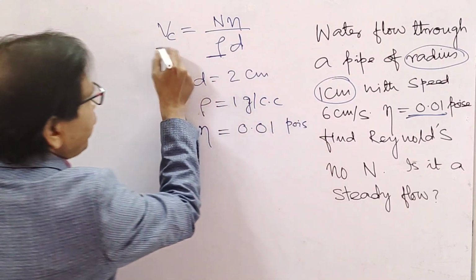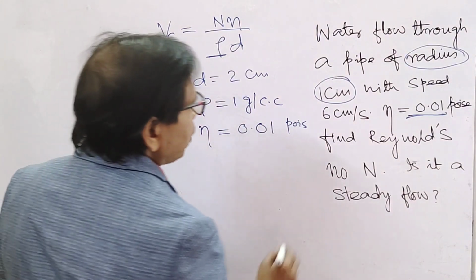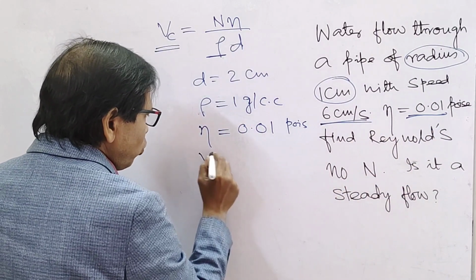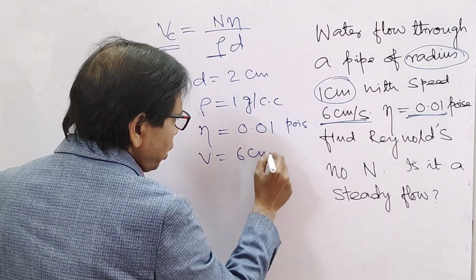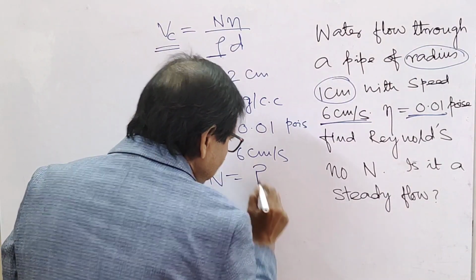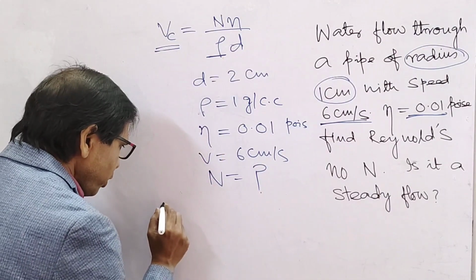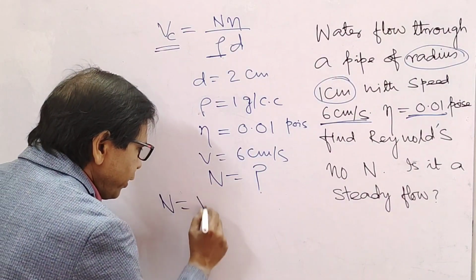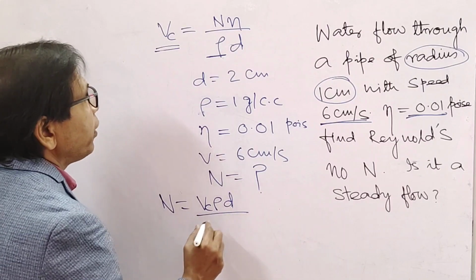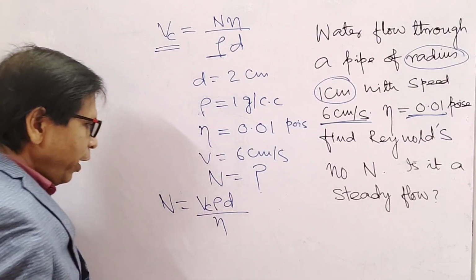Okay, now what is the velocity? Velocity is equal to 6 cm per second, so v equals 6 cm per second. We have to calculate the Reynolds number. Now n equals Vc into rho into d divided by eta.